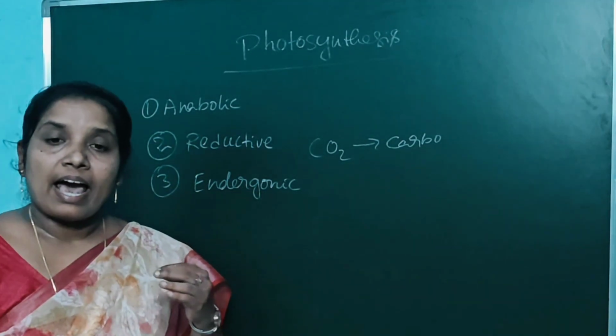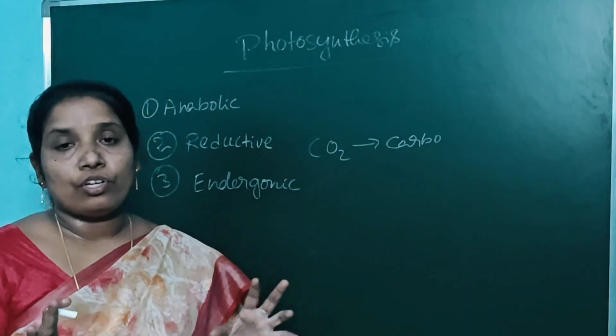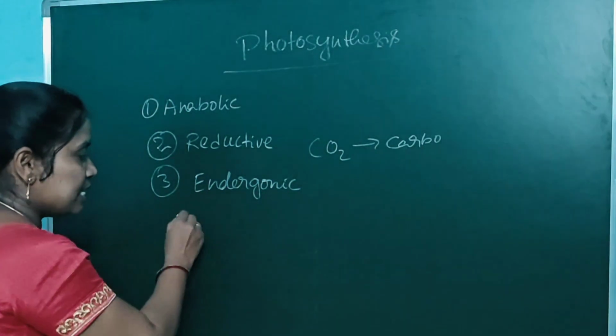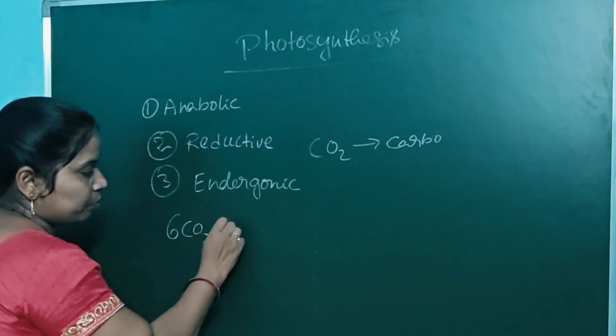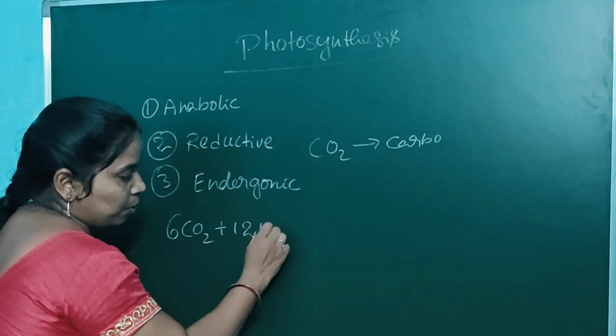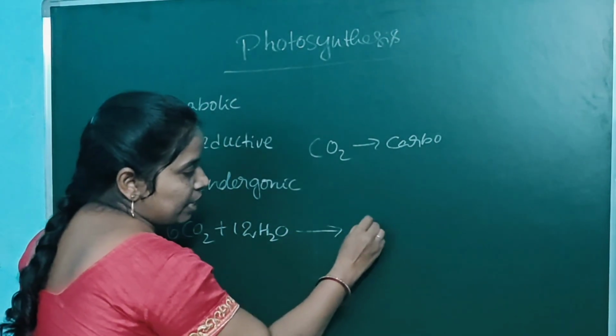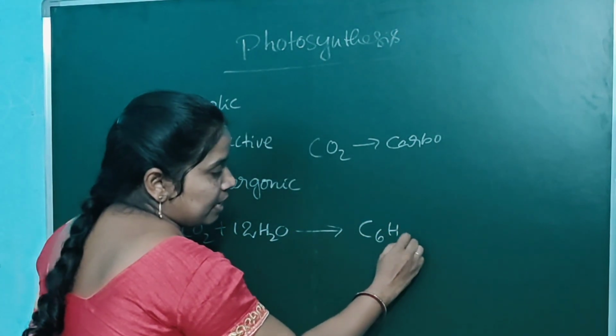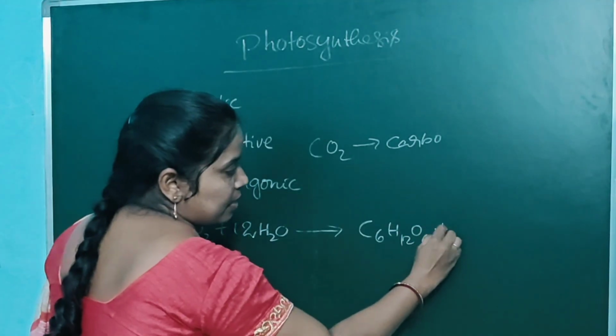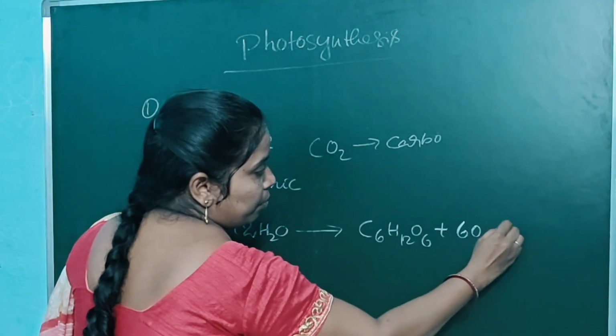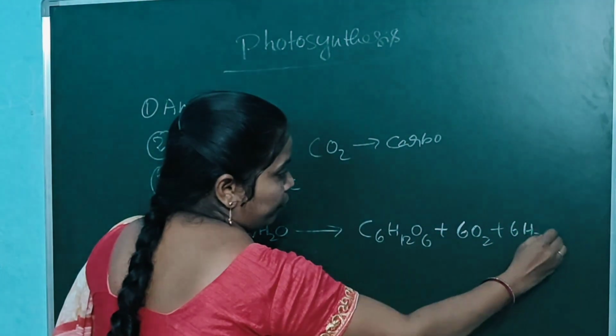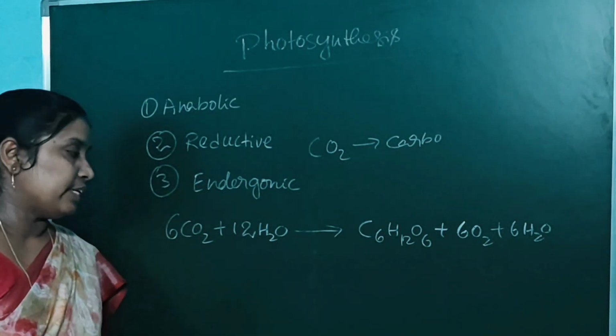So let's see the actual equation of photosynthesis. 6 CO2 plus 12 H2O gives rise to C6H12O6 plus 6 O2 plus 6 H2O. So this is the actual reaction.